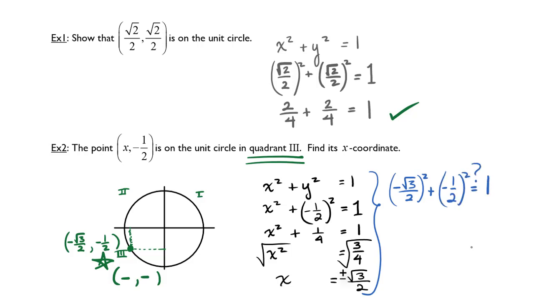That will give me 3 over 4 plus 1 over 4, and that does indeed equal 1. And so we have found a coordinate point that works for quadrant 3, and we also found the value of x for which this is true. But we have to make sure we put a negative in front of it so that it is in the third quadrant.